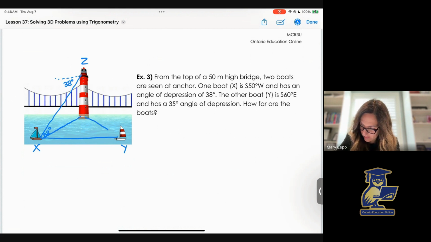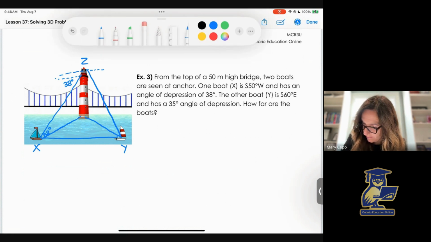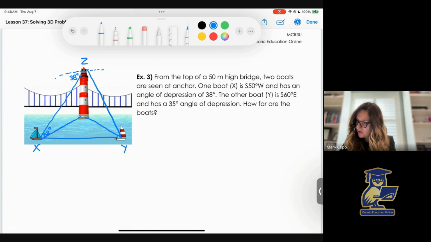Okay, so let's connect these triangles. Okay, the angle of depression to boat Y would be 35 degrees. So if that's 35, this is also 35.